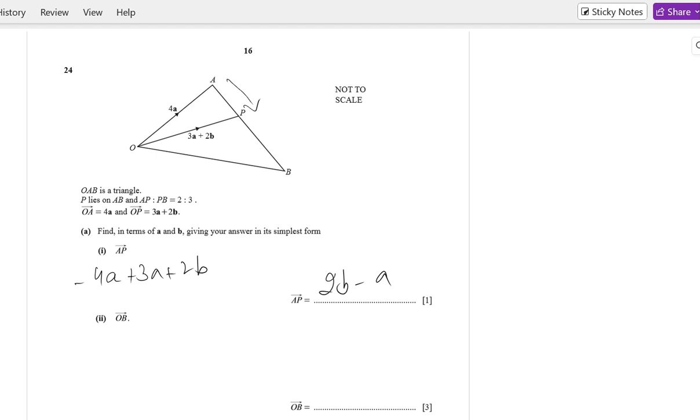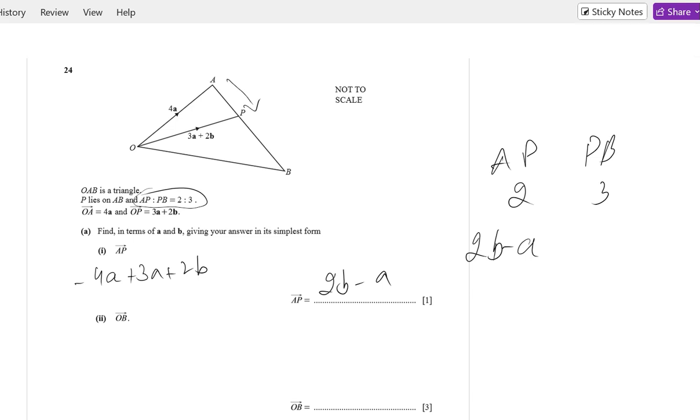OB. For OB, yes, if I found AP, I can also find PB from this ratio. So AP to PB is 2 to 3. If your AP is 2B minus A, actually for PB, I need entire AB.